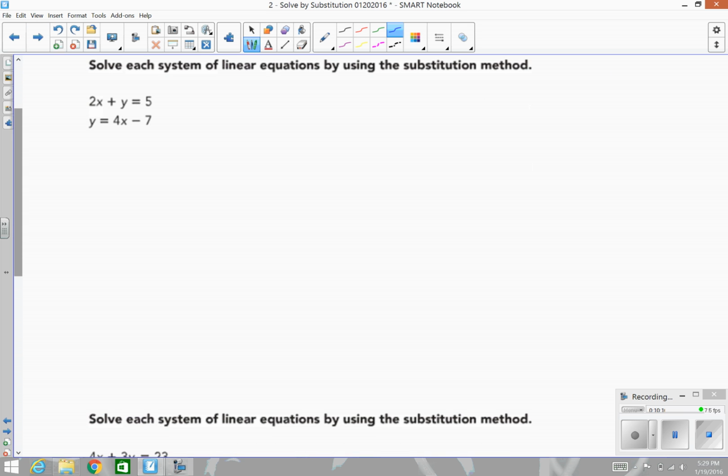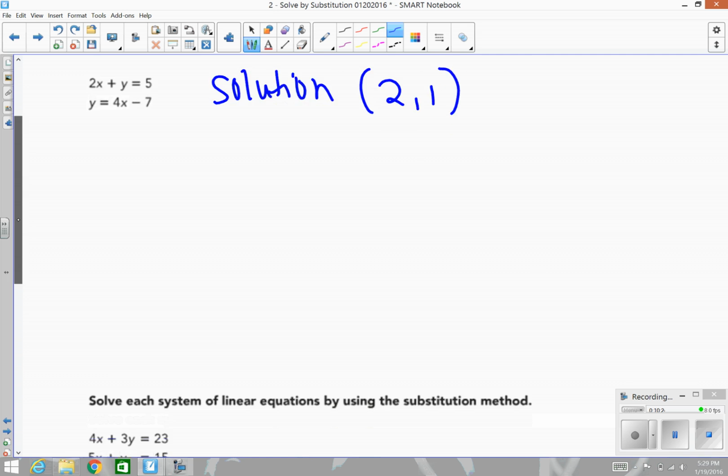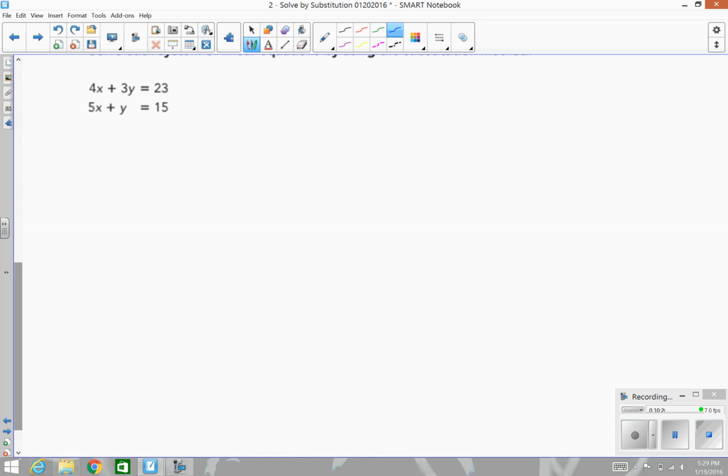The solution to this first question is (2, 1). As you go through this with your partner, your goal is to get the same solution as me. For the next question, the solution is (2, 5).